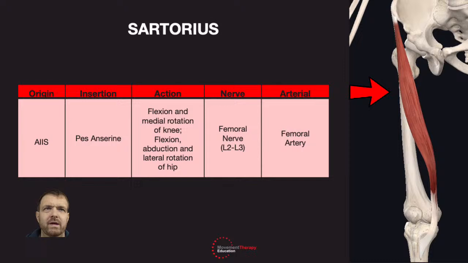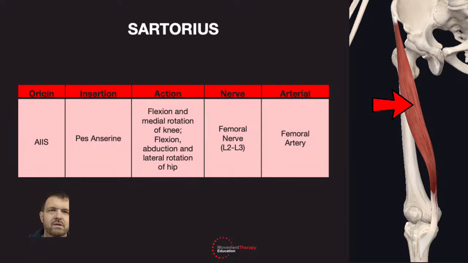So we've got sartorius. This is what I was saying, that most of the muscles don't cross the knee and the hip, but these two do. So we've got sartorius here, which is a muscle that starts laterally. So it starts on your ASIS, and it's very superficial.